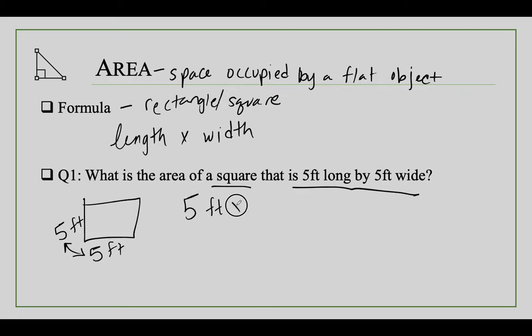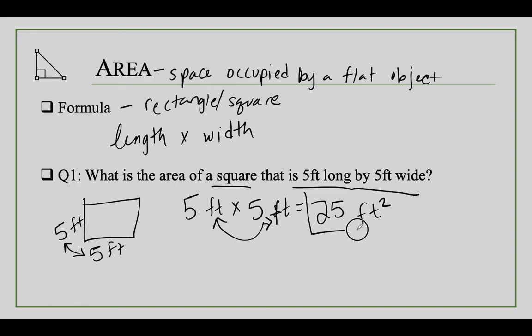Because when you write out the problem, you remember that there's units involved. So instead of saying just 25, which a lot of us are inclined to say, we're going to remember that we're also multiplying feet by feet, right, which becomes feet squared. So the area of a square that is 5 feet long by 5 feet wide is 25 feet squared.